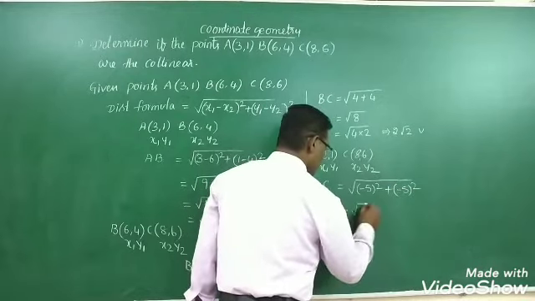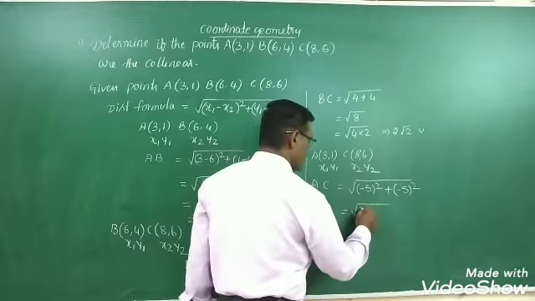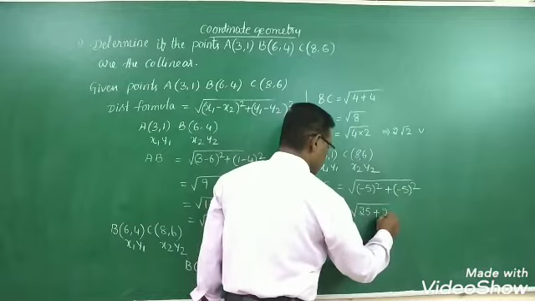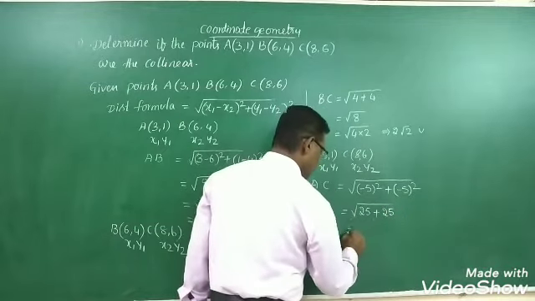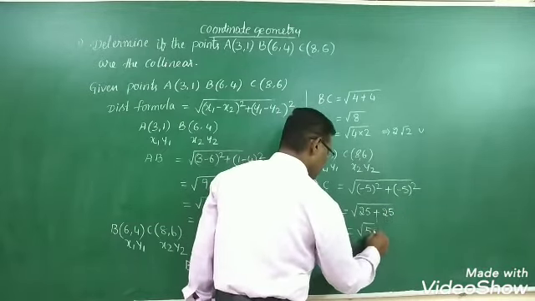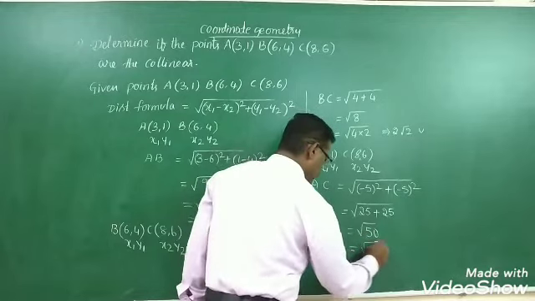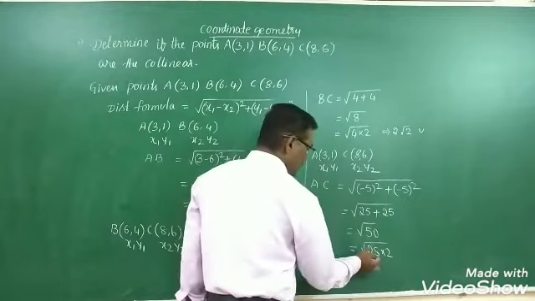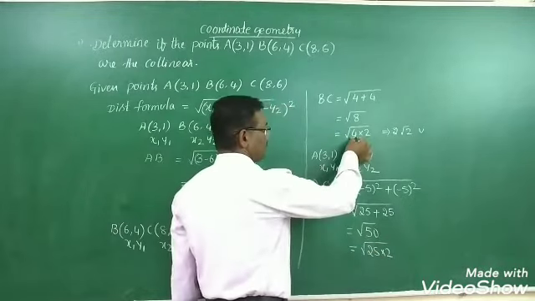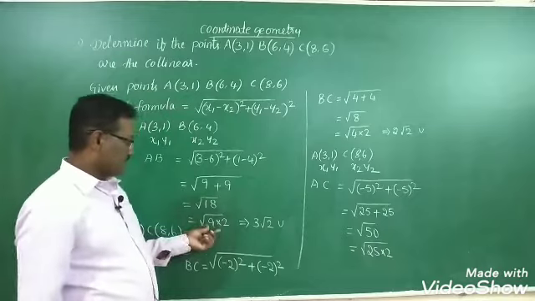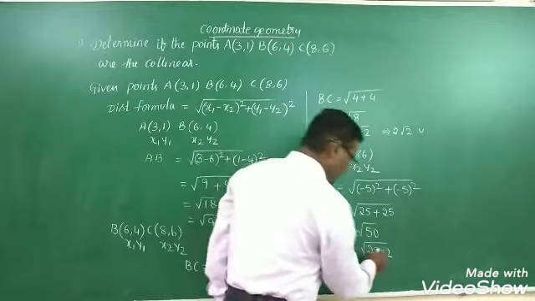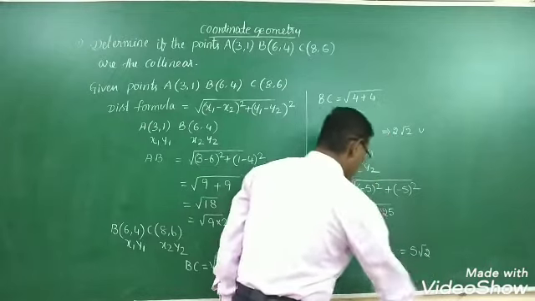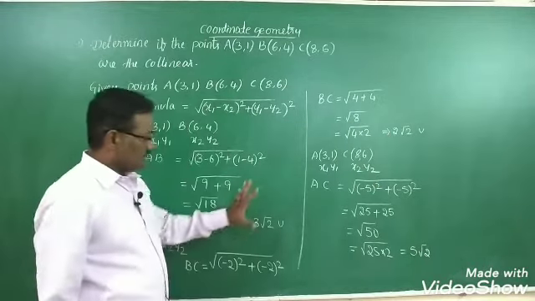That is equal to root of minus 5 whole square is 25, plus minus 5 whole square is 25, that is root 50. Root 50 can be written as 25 into 2 because 25 is a perfect square. Even when you observe here, 4 is a perfect square, 9 is a perfect square. Like that, root 25 is 5, root 2. Right? Now we got AC.